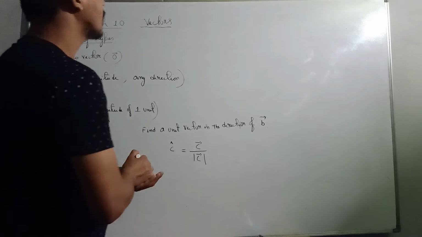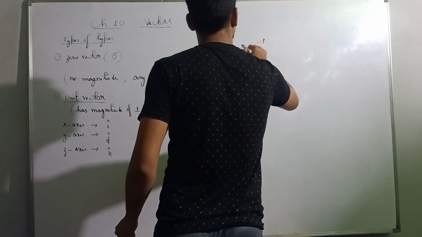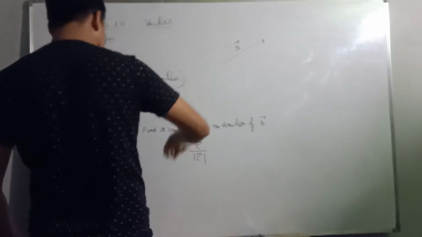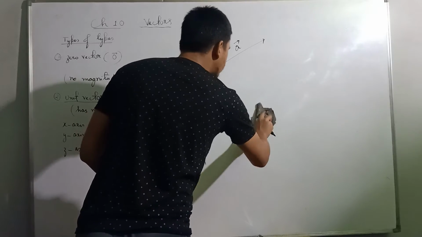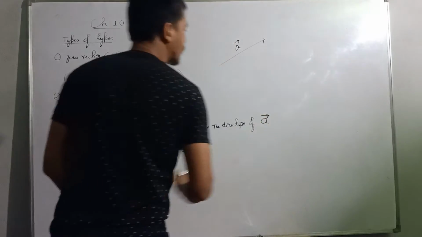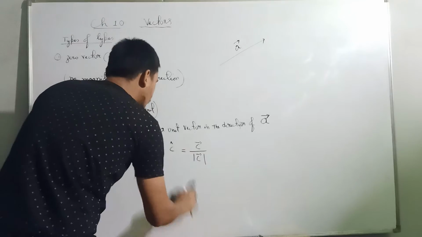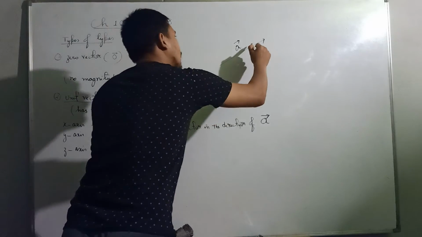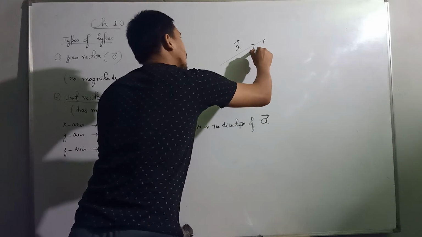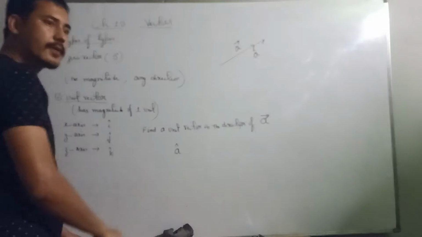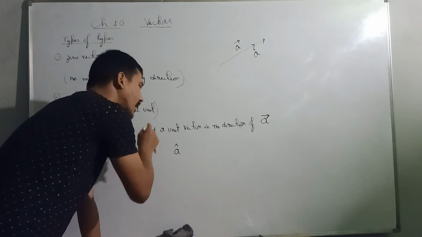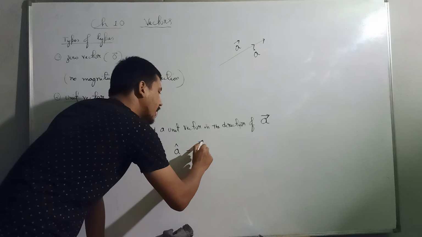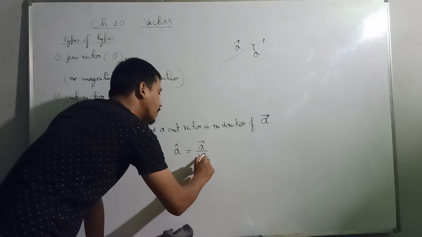But suppose this is your vector A, and this is how it is directed, and you are asked to find a unit vector in its direction. Then let A cap be the unit vector representing the direction of vector A. The unit vector A cap can be found using the formula vector A upon magnitude of A.